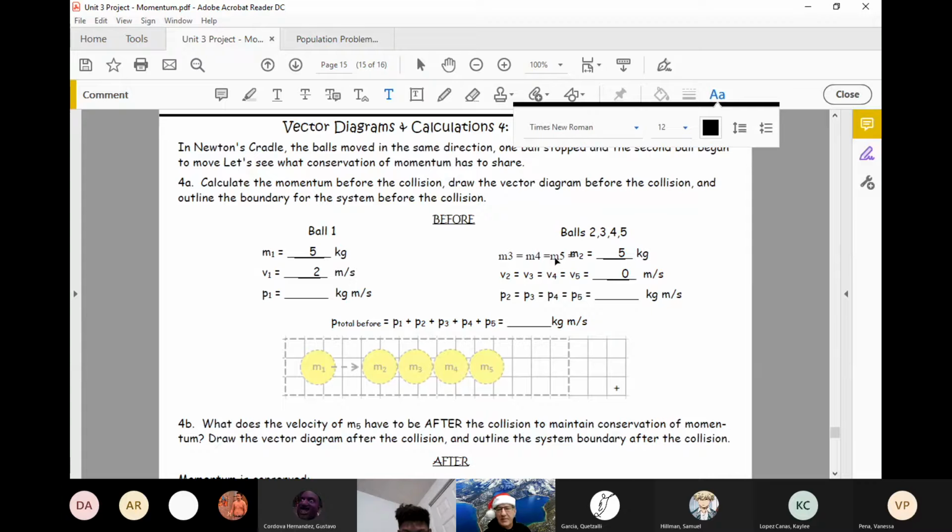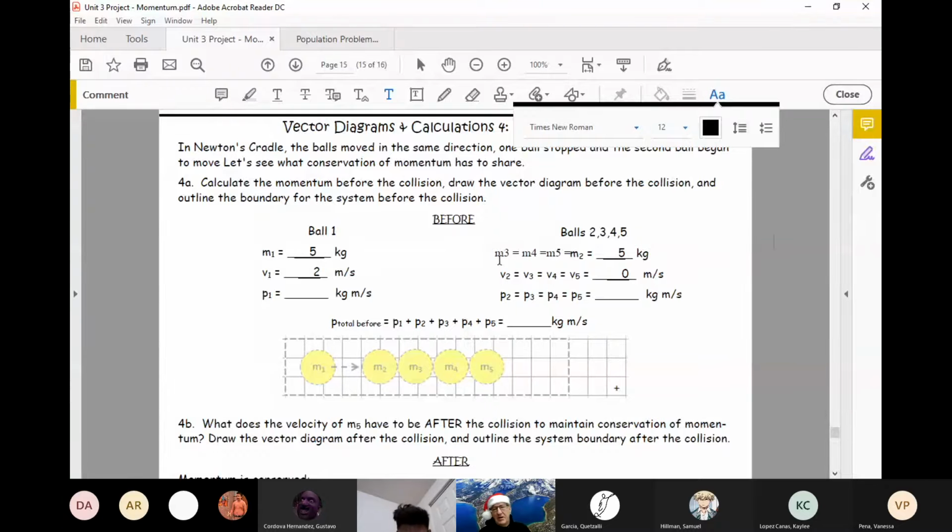All of these had the same mass. All the balls had the same mass here. So it should actually say M2 equals M3 equals M4 equals M5, and they're telling you that in this case, the balls were 5 kilograms each. Okay?